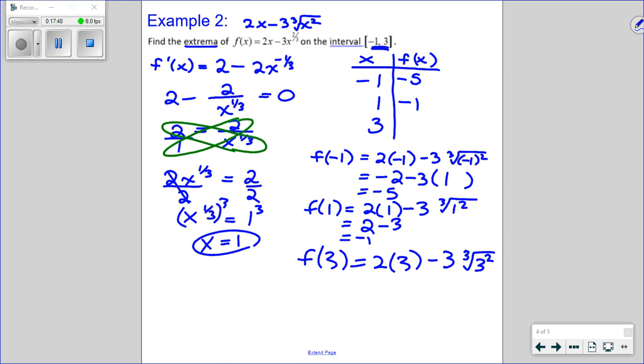Okay. This will end up being 6 minus 3 times the cubed root of 9. Well, 9 is a perfect square, but it's not a perfect cube. But we're trying to think of what that value would equal.